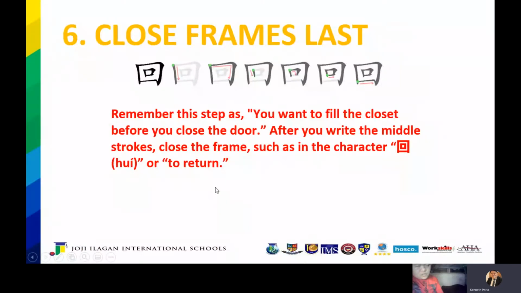Okay? Close frames last. Remember this step as you want to fill the closet before you close the door. After you write the middle strokes, such as the word hui to return, you close the frame after you write the contents. So this is how you write hui in order. So let's write that character here.